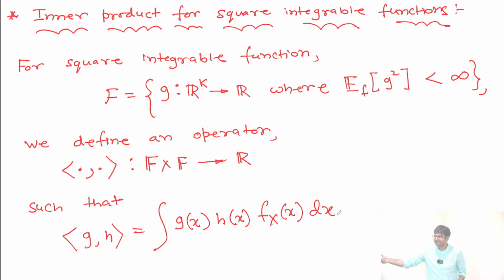So if this f_X(x) is Gaussian and this f_Y(y) is uniform, even if g and h are the same, your result will not be the same, which means inner product by definition is a function of the PDF of the random input, right?